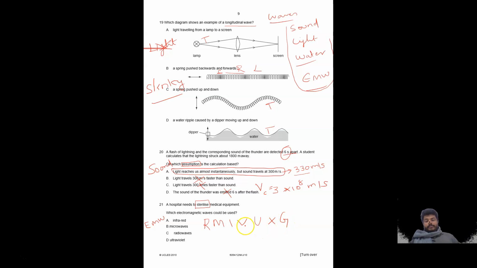Any name you can give, any lady name. Remember me, I am Vera, your ex-girlfriend. So here R represents radio, M microwave, I infrared, V visible light, U ultraviolet, X X-ray, G gamma rays.